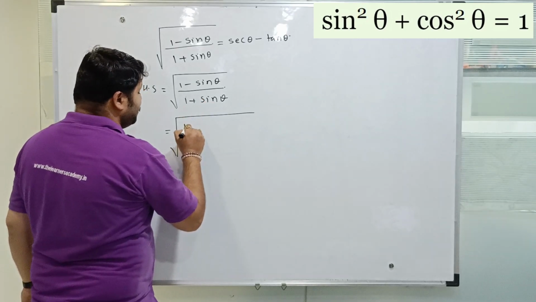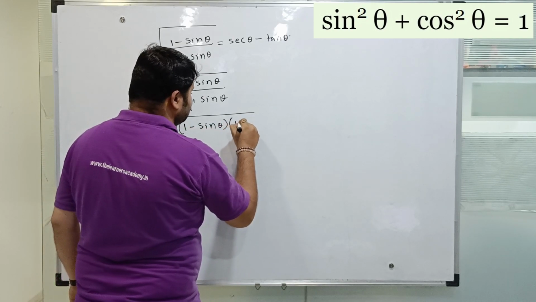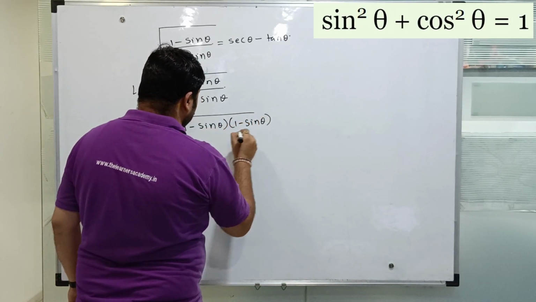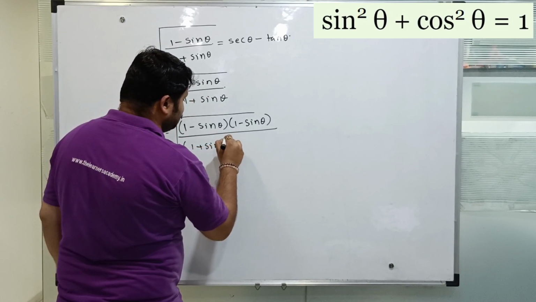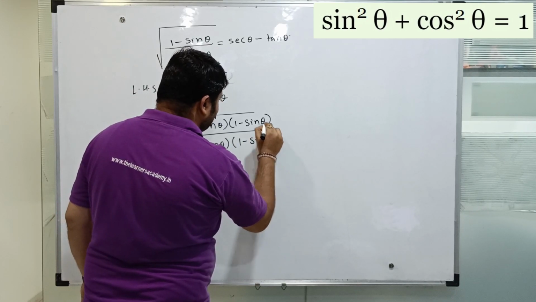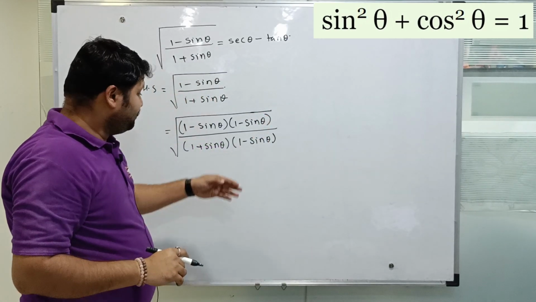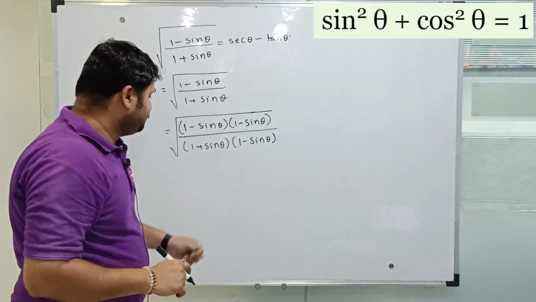So I'll multiply it by 1 minus sine theta multiplied by 1 minus sine theta divided by 1 plus sine theta multiplied by 1 minus sine theta. So effectively I have multiplied both the numerator and the denominator by 1 minus sine theta.